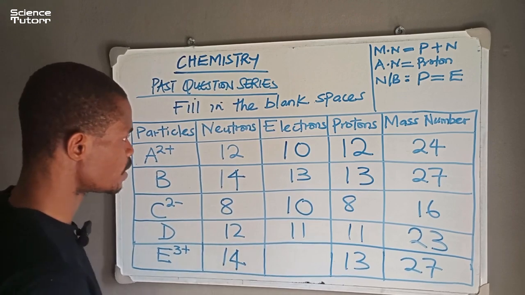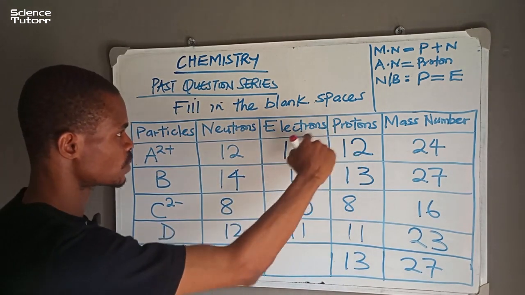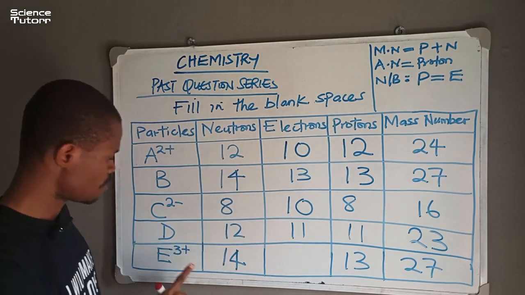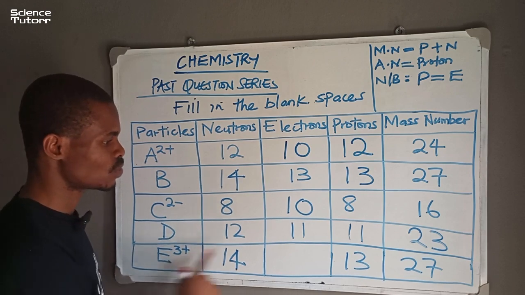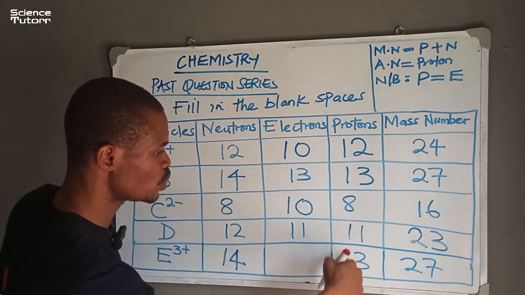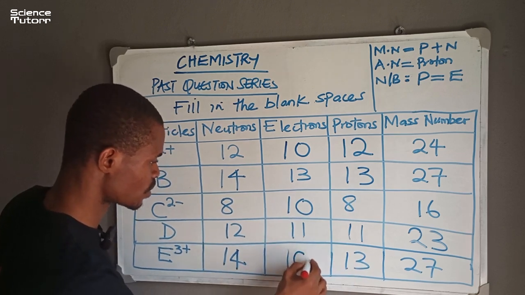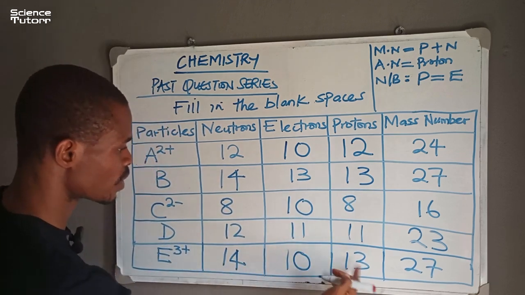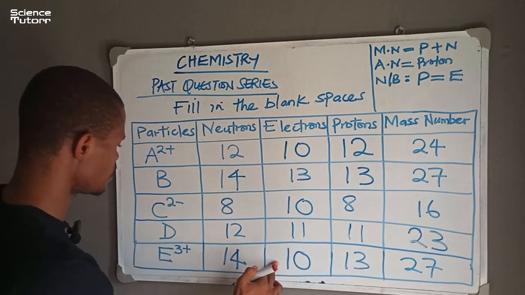And then how do we obtain the number of electrons? Remember, protons and electrons are equal in a neutral atom. But in this case, it has lost 3 electrons. So the electrons will reduce by 3, because it lost 3 electrons. So the number of electrons becomes 10.